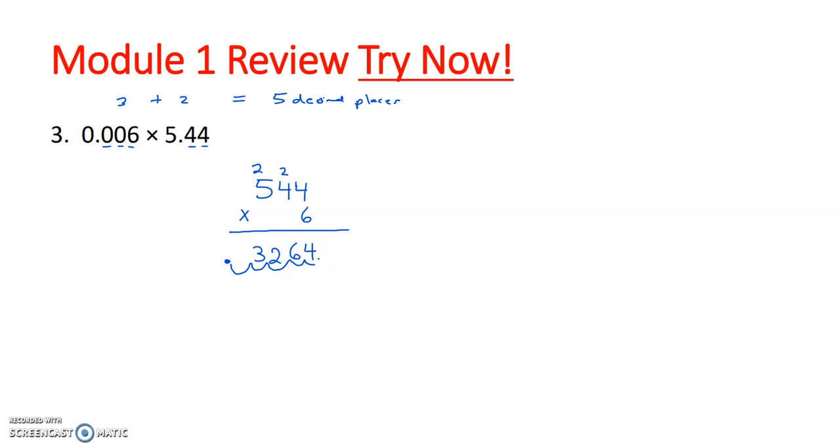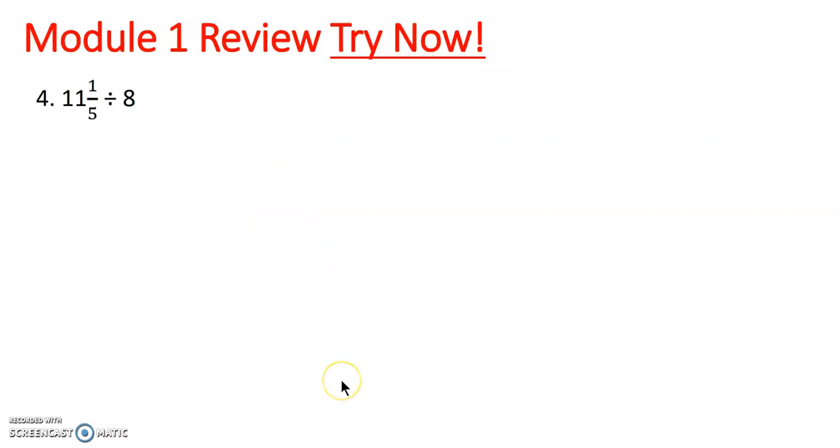Put my decimal, add a 0, put a 0 to hold the ones place. And I can write this so that it looks a little bit nicer. So I'm going to have 0.03264 as the result.